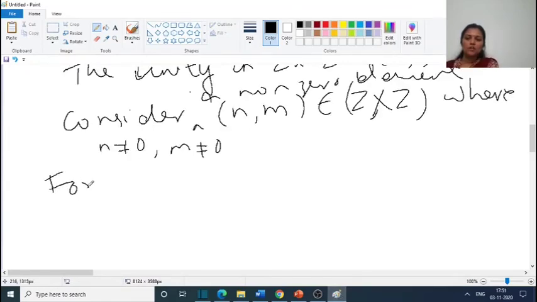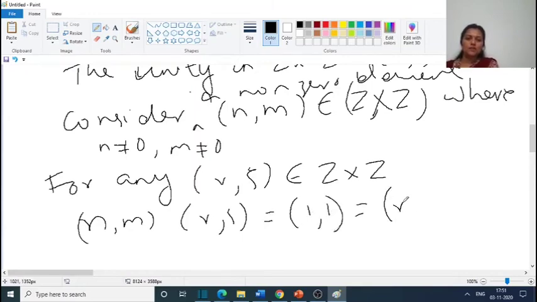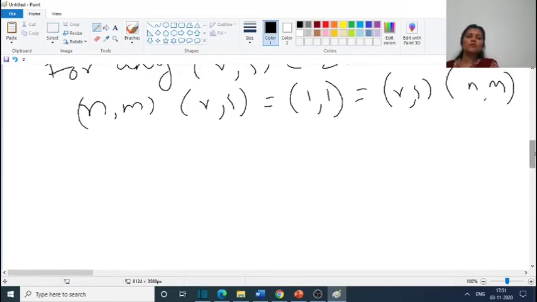For any (r, s) element of Z cross Z, we want (n, m) times (r, s) to be equal to (1, 1), which is equal to (r, s) times (n, m). We have to find the inverses of (n, m), so we have to find r and s.